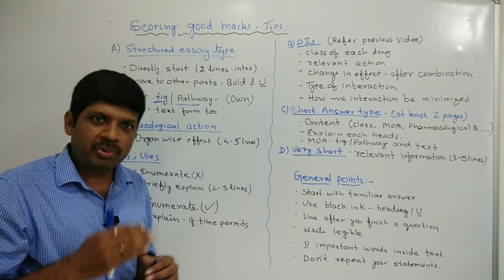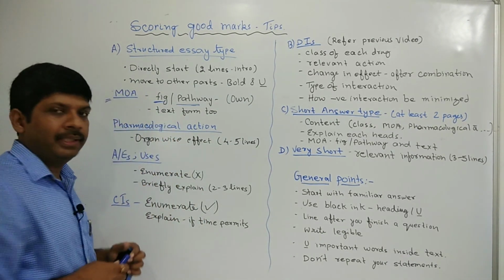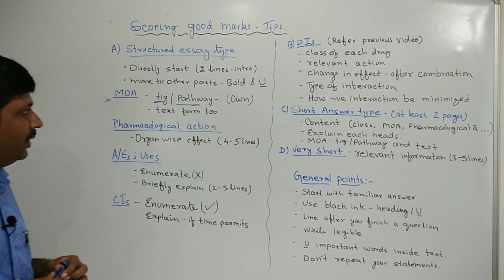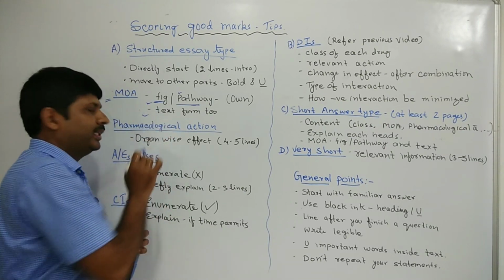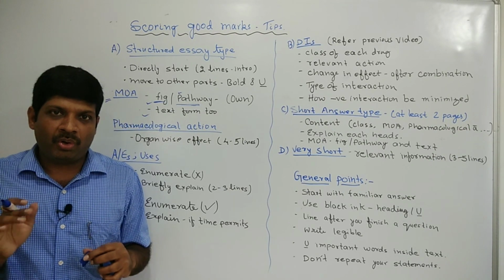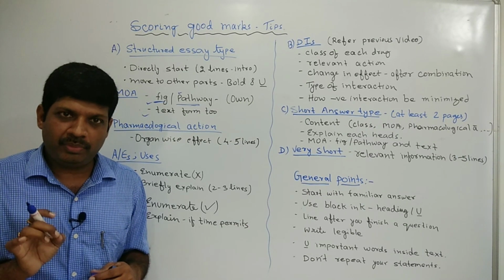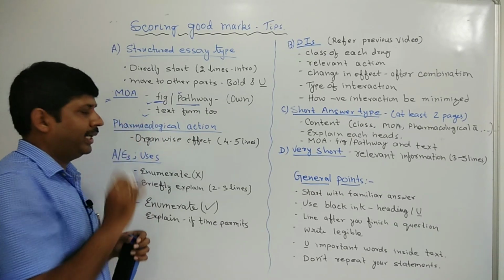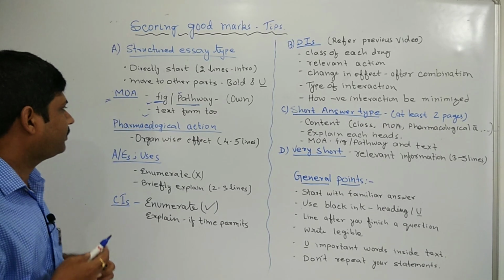In that case, go through the text, make your own pathway, and draw that in the examination. That would certainly help you. When you draw a figure or pathway, don't forget to write in text form too, but only the important things you need to mention. Many a time the examiner needs both the figure and the text form, so it is better to be on the safe side and do both.